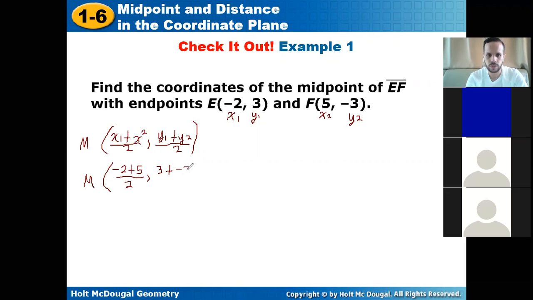Okay, so Houston, we have a problem there. Okay, so we're going to add or subtract, depends on the signs. So in the first part, what is the answer, students? -2 plus 5 is, who can tell me?